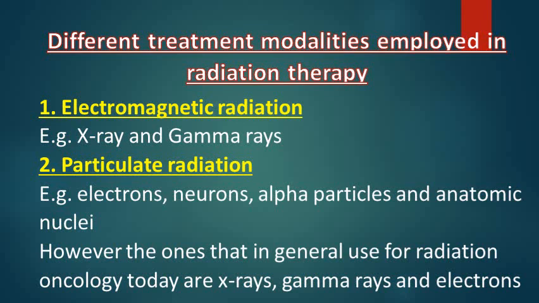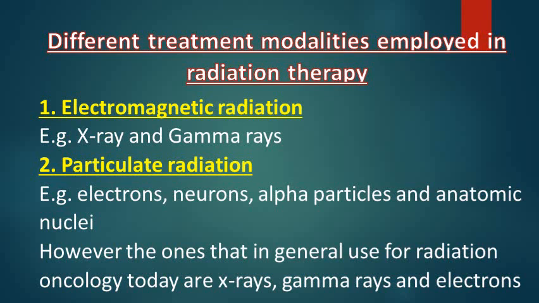There are different modalities employed in radiation therapy. There is external beam radiation and there is brachyradiotherapy. In external beam radiation, we have electromagnetic radiation, for example X-rays and gamma rays. They have no mass and no charge. They are electromagnetic waves.